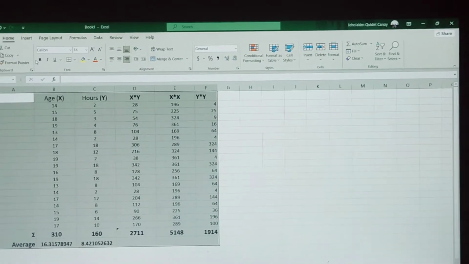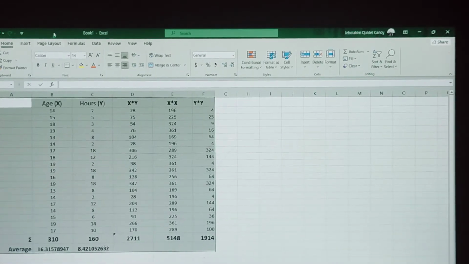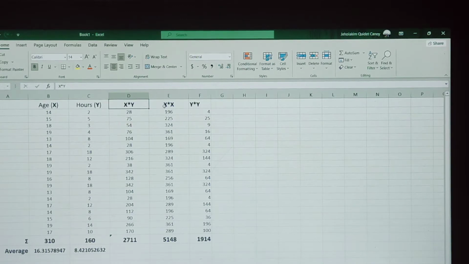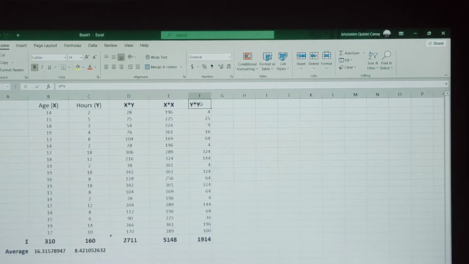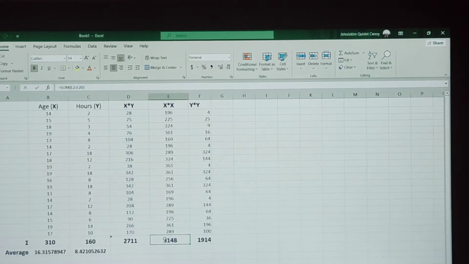Excel, we are able to calculate conveniently the value of xy, the value of x squared, and the value of y squared. Here we have the summation of xy, which we got conveniently by using the formula function on Excel, similar to the others.